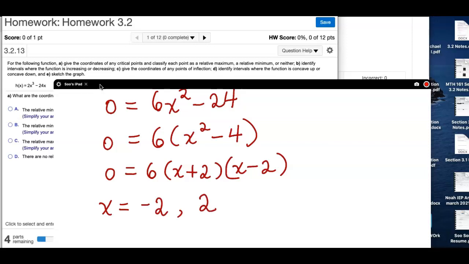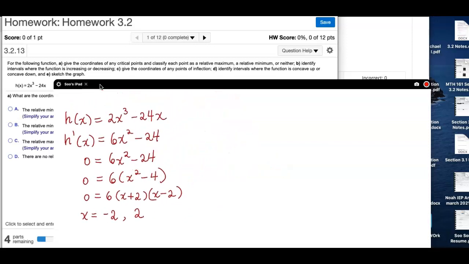I want to find their y coordinates, so what I will do is plug these values into the original h of x. H of negative 2, first of all, notice I'm plugging it into the original function, not the derivative, because I want their y values. 2 times negative 2 to the third power minus 24 times negative 2.